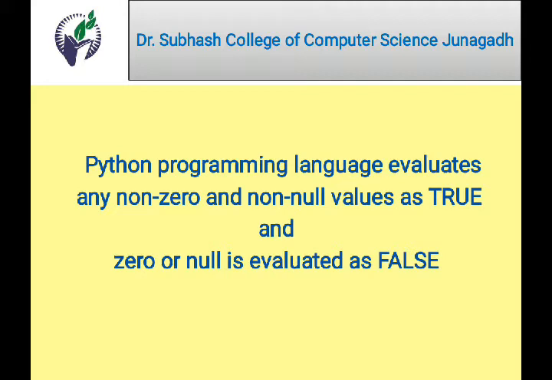In some situations, we may use directly some non-null or non-zero values, but that will be treated as true. Zero and null, that is false. But in most cases, when we use relational or logical expressions, the result is always either true or false, and in most cases we will use such kinds of conditions.